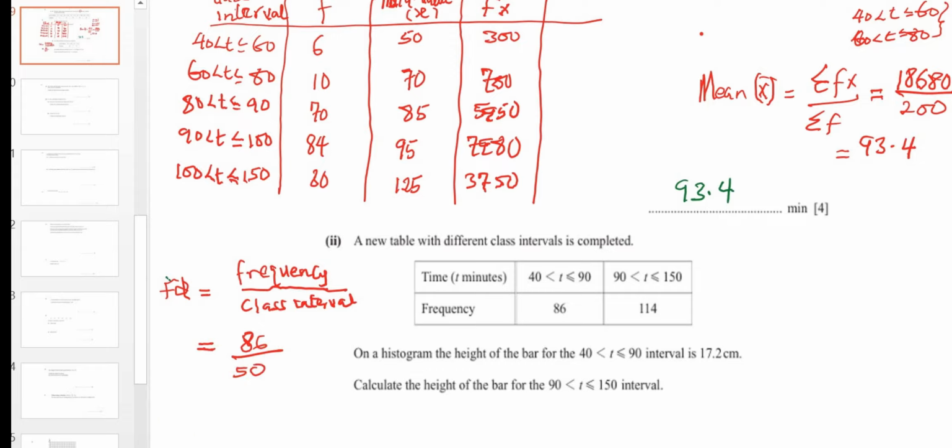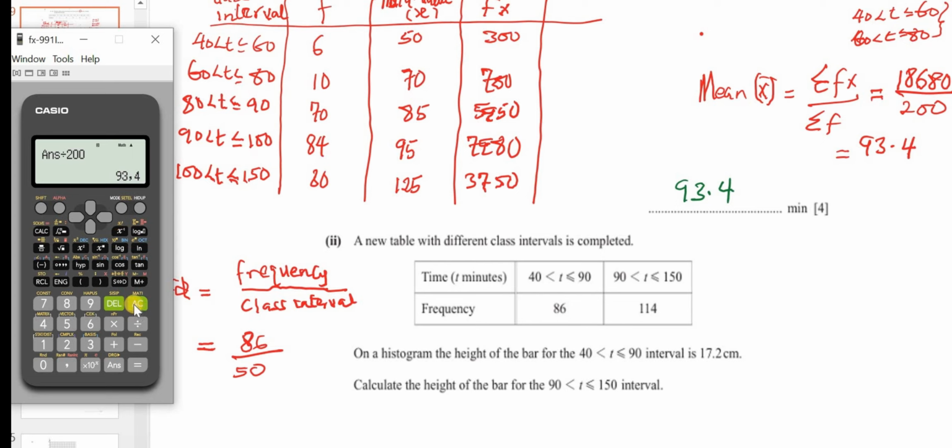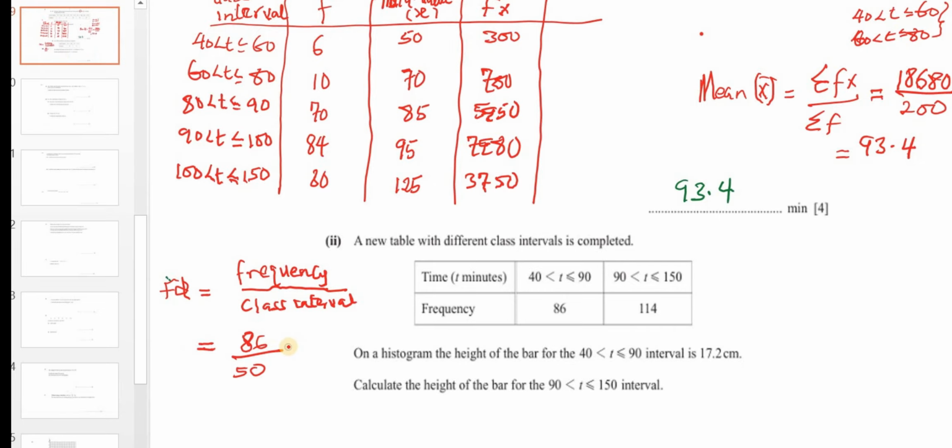And if you divide that, 86 divided by 50 is equal to 1.72. But 1.72 is the frequency density, and the actual height here is 17.2.